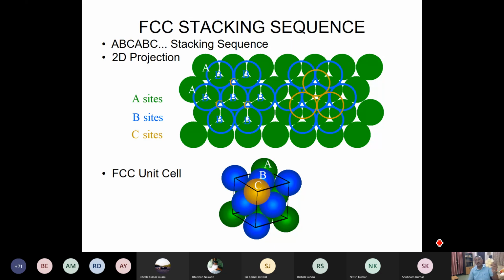This is the basal plane of HCP. Can you tell me, is there a difference between this arrangement and that arrangement of balls or spheres? You see, they are identical.